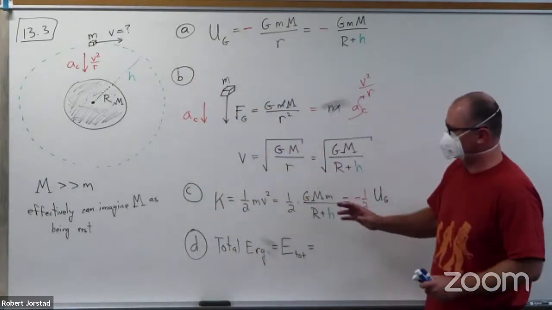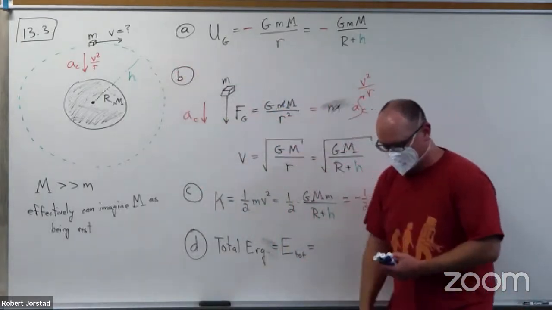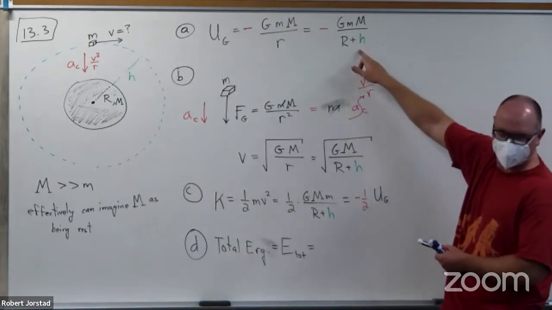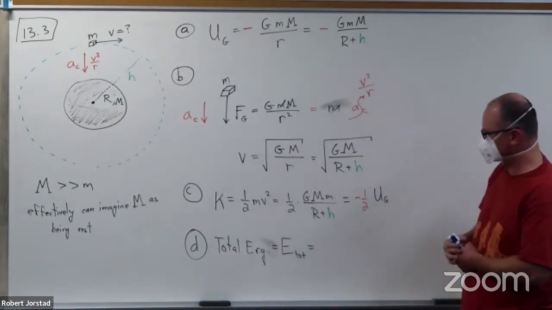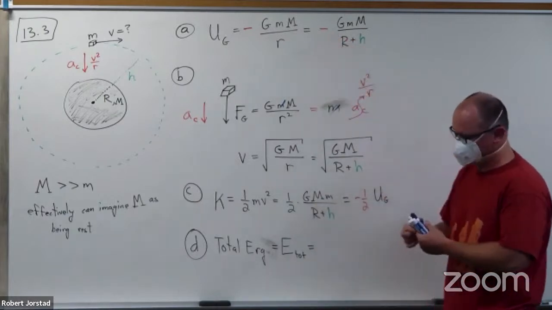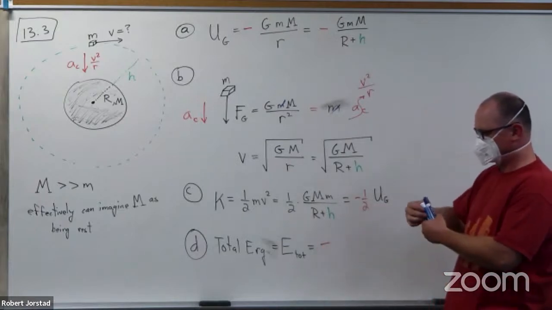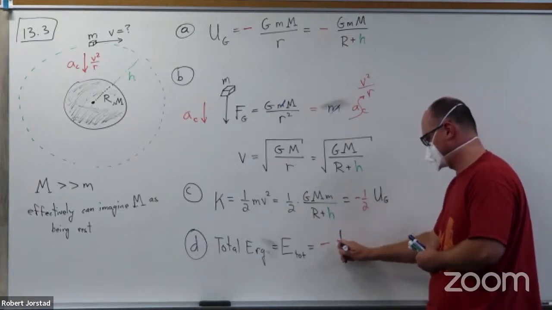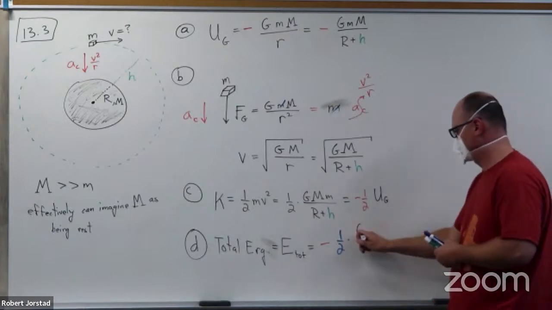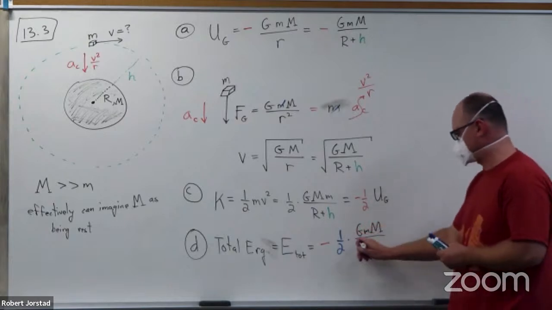But what's the total energy of this system? The kinetic plus the potential that's shared, and we get what? Shouldn't it just be half of that? Right? Basically, this cancels out half of that one, and it stays negative. So we get negative, we get a 1/2, we get a GMM all over R plus H.